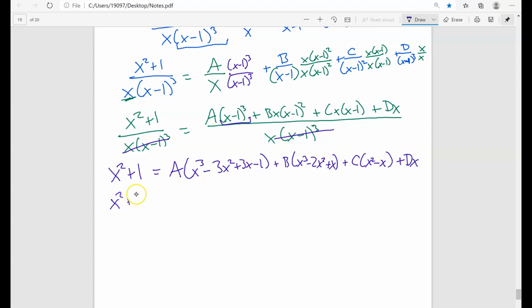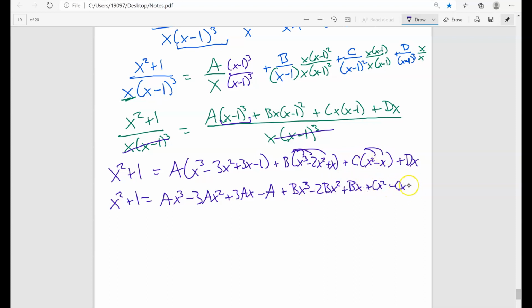We're going to FOIL everything out. You're going to get ax cubed minus 3ax squared plus 3ax minus a. And then this next one is going to be plus bx cubed minus 2bx squared plus bx. And then this last one plus cx squared minus cx and then plus dx.